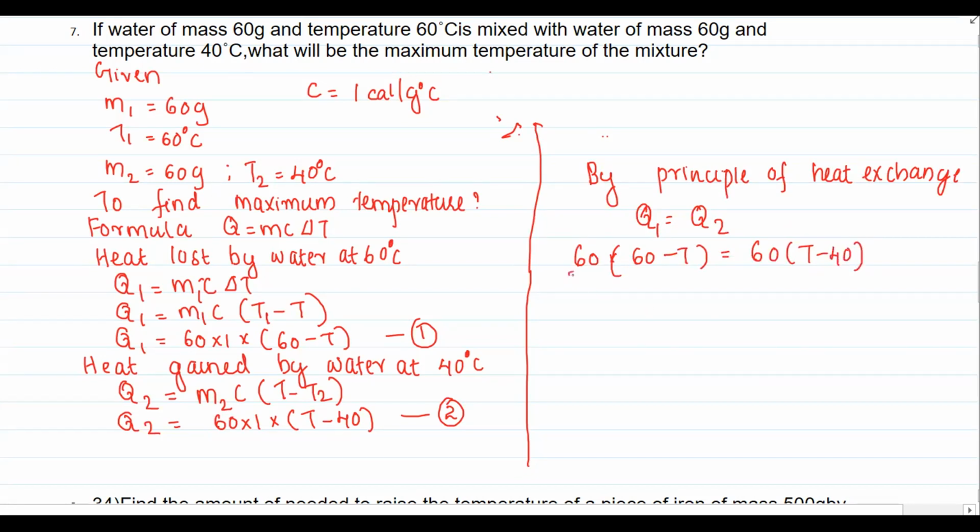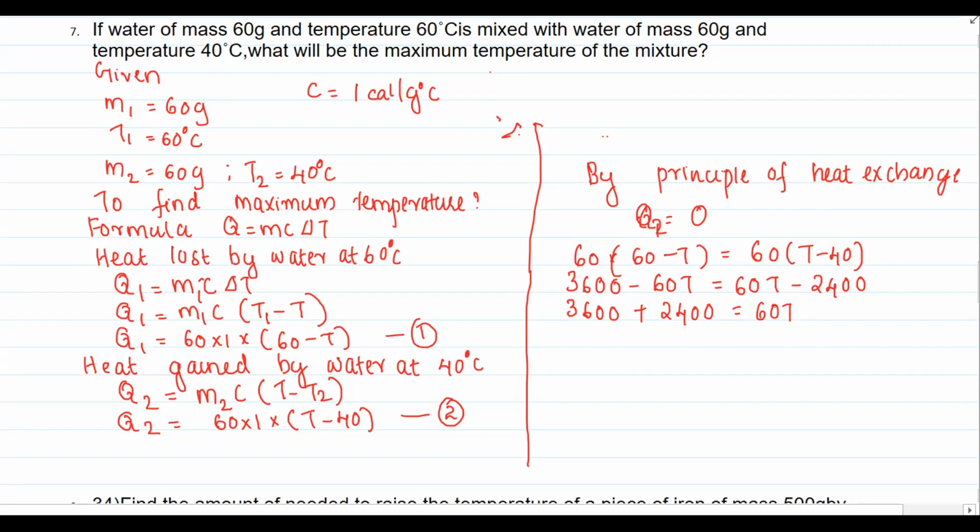Okay. Now we'll open the bracket. 6 6s are 36, 3600 minus 60T is equal to 60T minus 6 4s are 24, 2400 will come. Okay. Now we'll take T to one side and constant to other side. We will get 3600 plus 2400 is equal to 60T.